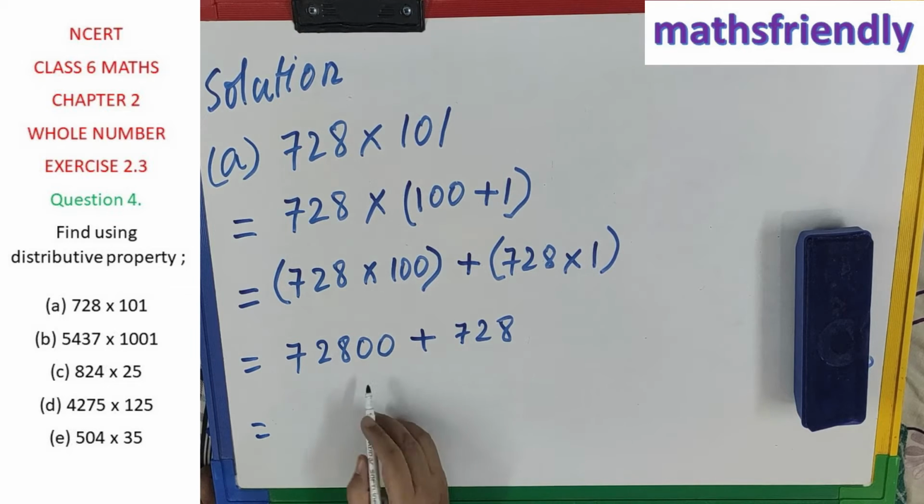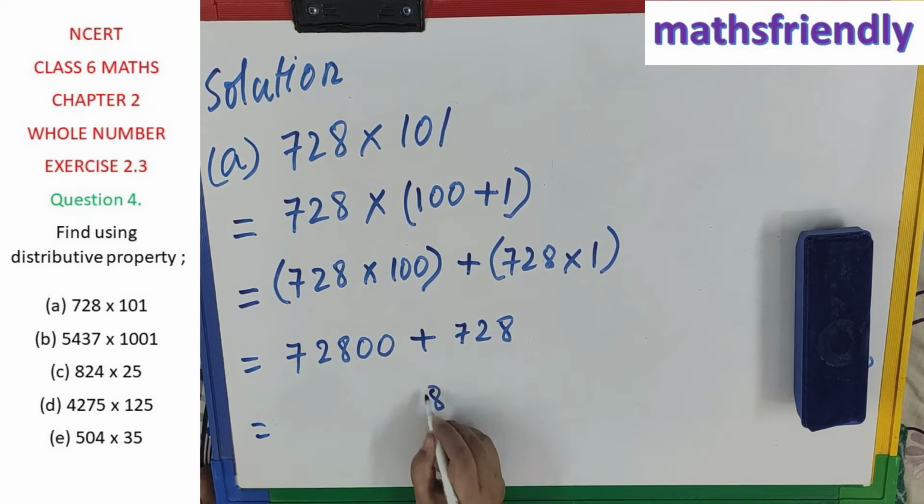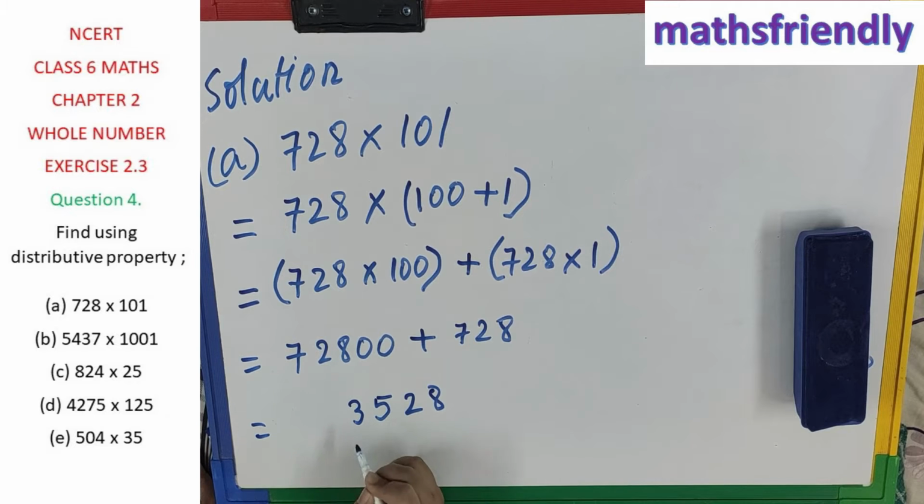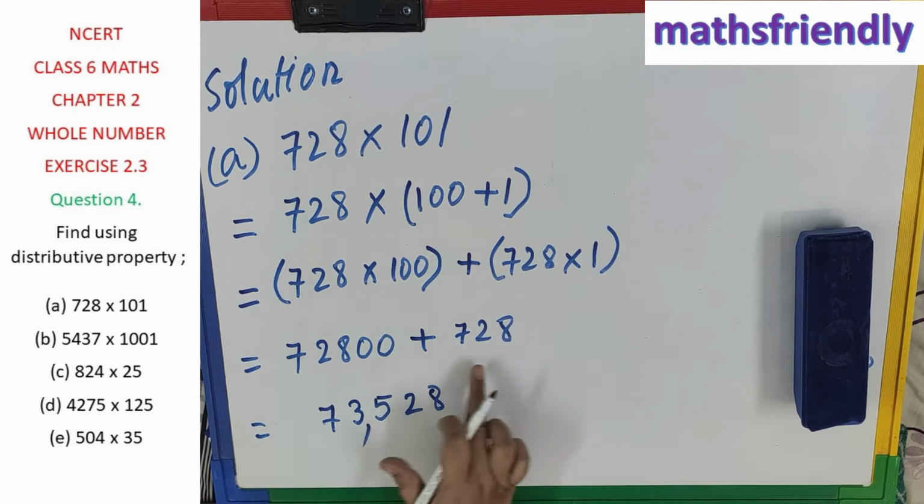So 8 will be added to 0, so we write 8, and 2 will be added to 0. In the hundreds place, 7 and 8: 7 plus 8 is 15, 1 carry, and this is 2. So 2 plus 1 will be 3, and then 7. So we got the answer as 73,528.